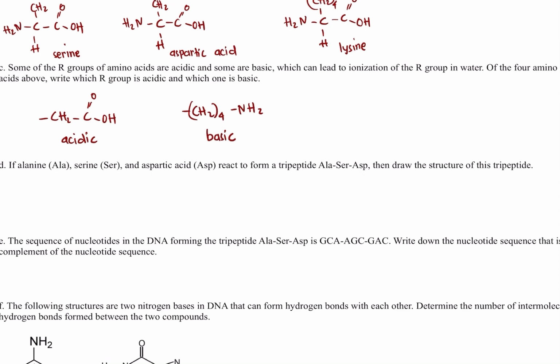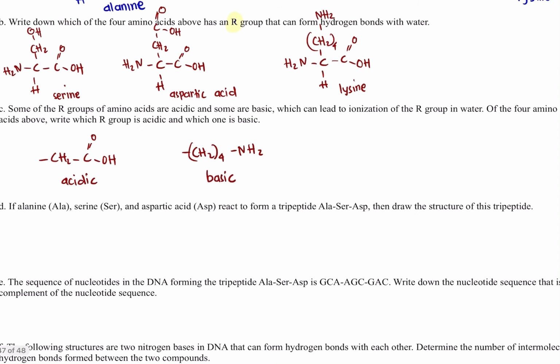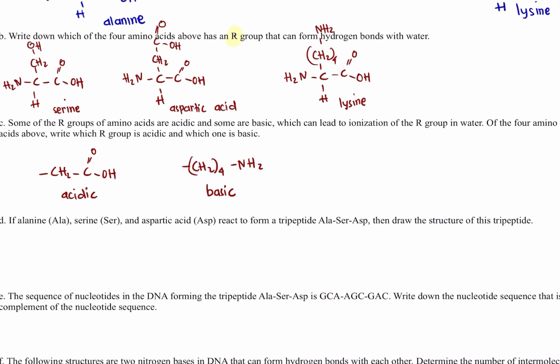Okay, now the next one here. If alanine, serine, and aspartic acid react to form the tripeptide alanine, serine, aspartic acid, then draw the structure of this tripeptide. Okay, so here we have alanine. Basically, when we want to draw the structure of a peptide, we actually want to draw an amide bond, CONH.